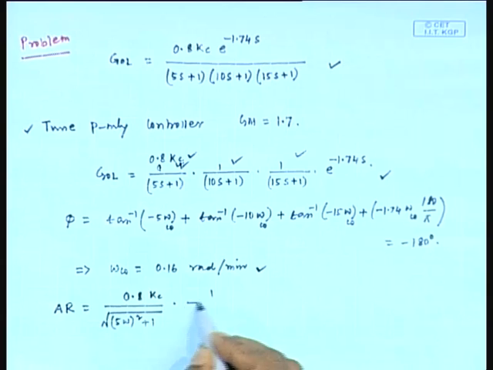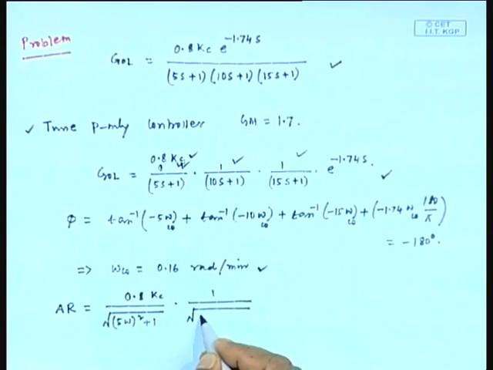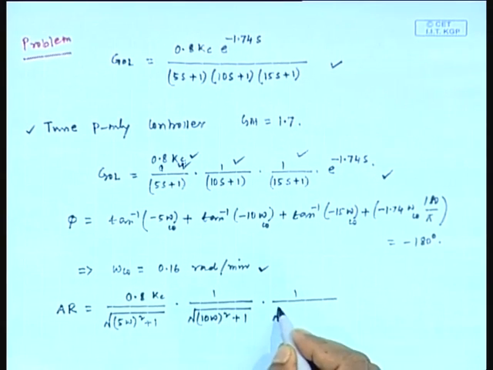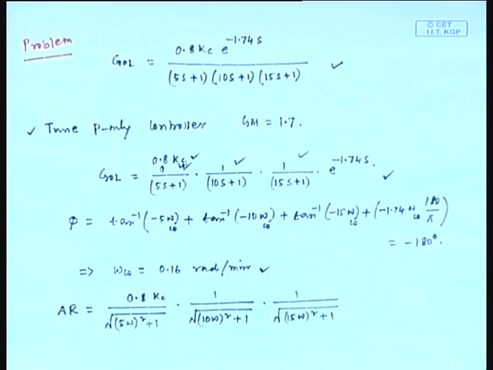For the next transfer function, 10 omega whole square plus 1. For the third one we can write 1 divided by 15 omega whole square plus 1. Fine.